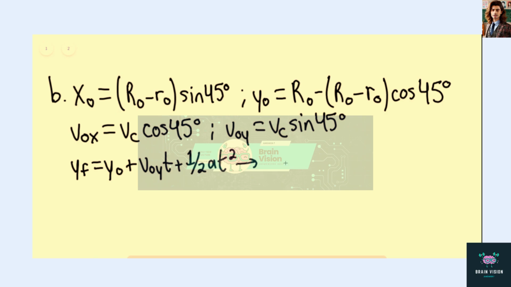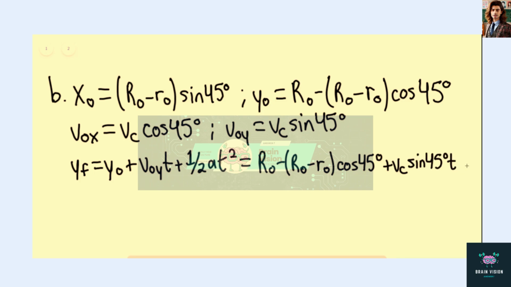This essentially becomes the radius of the curve minus (the radius of the curve minus the radius of the sphere) times cosine of 45 degrees, plus the velocity sub c sine of 45 degrees times t, minus 1/2 g t squared.